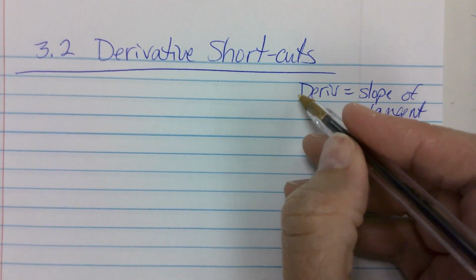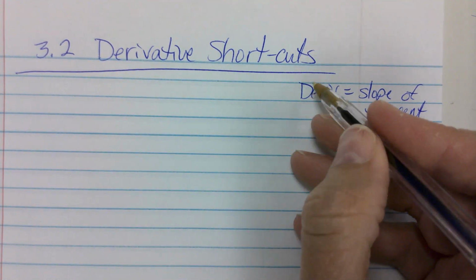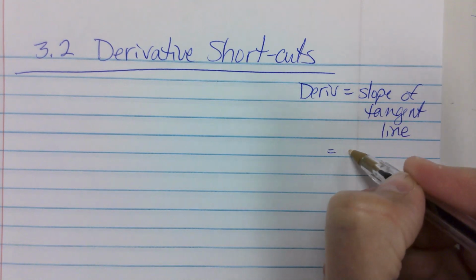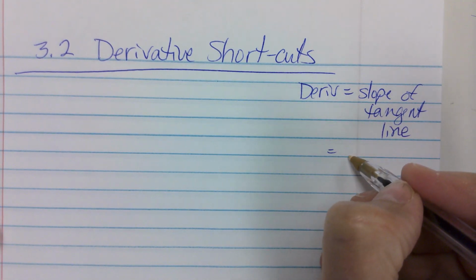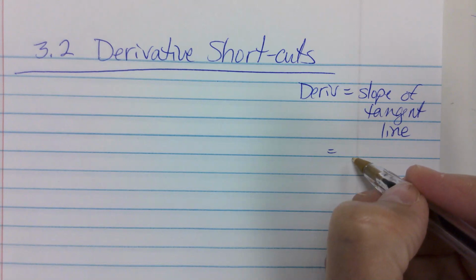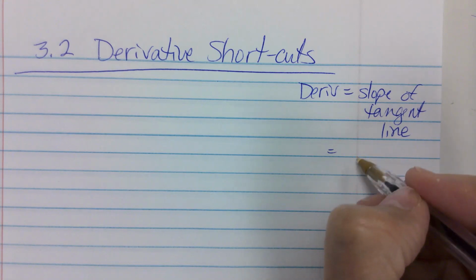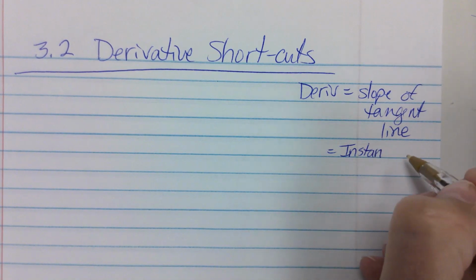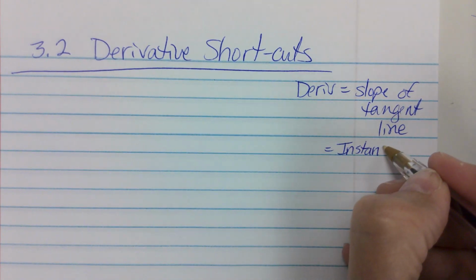We also discussed that the derivative equals another thing. Does anybody remember what it was? Instantaneous rate of change.